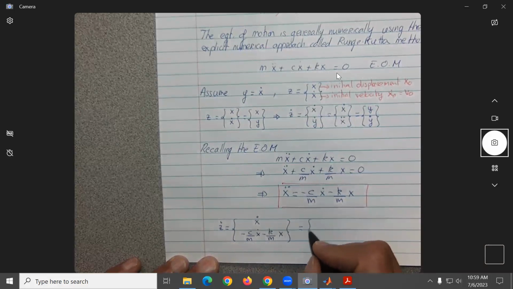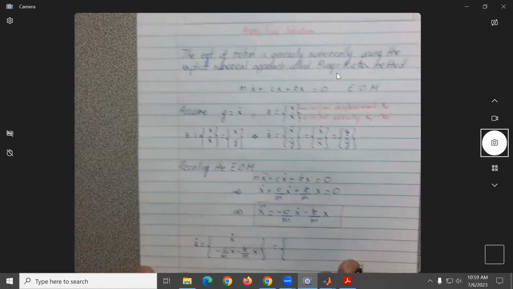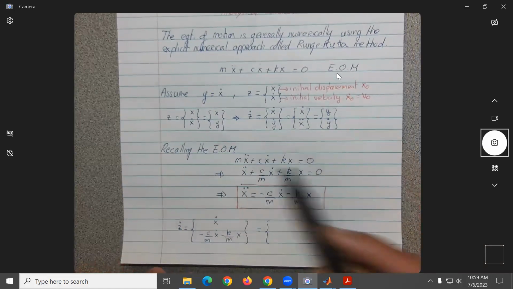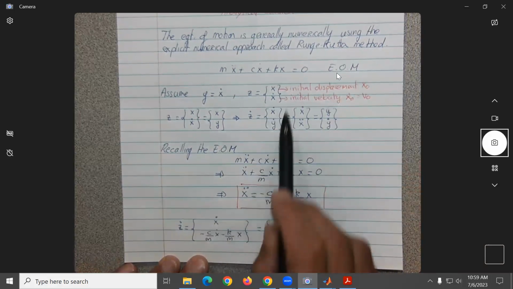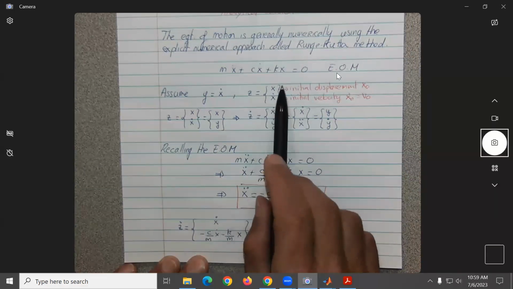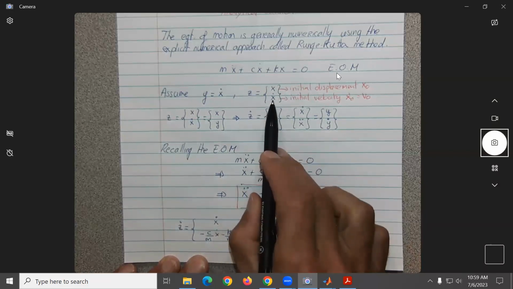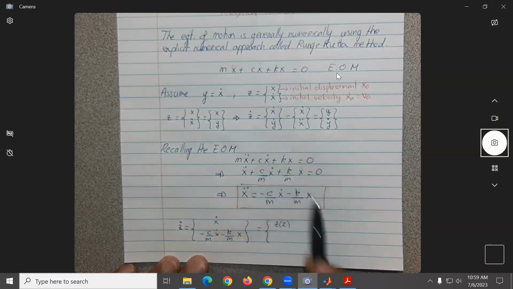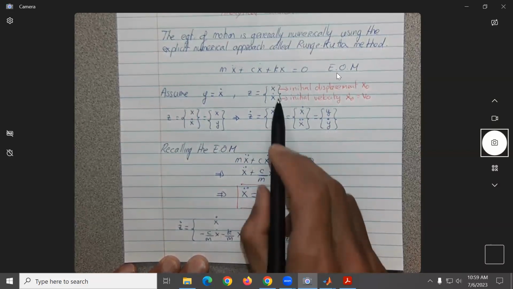Again, I'm not expecting you to understand. I give it to you like this. Once you know how to do it, it's very simple. Now, x dot over here, in this vector, what would that be? It's the second one, so it will be z2. Now, this one will be equal to minus c over m, this will be x dot, so z2, minus k over m x, where x will be z1.